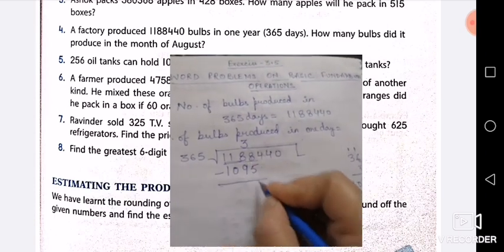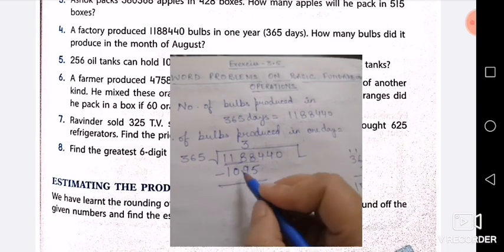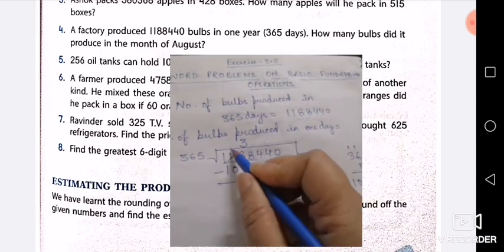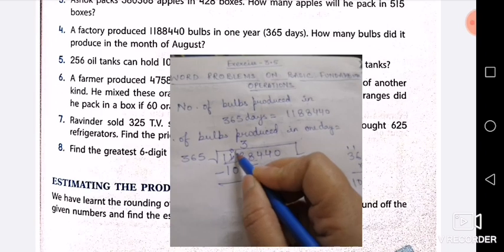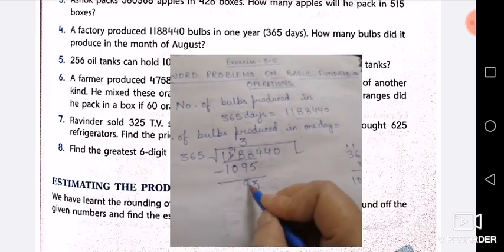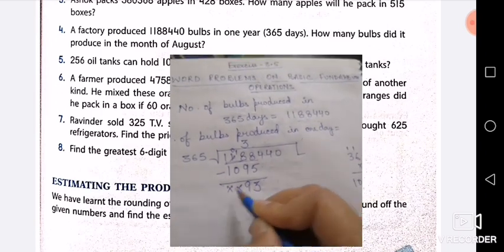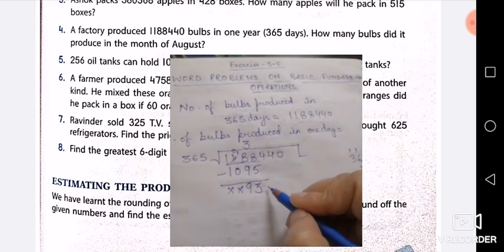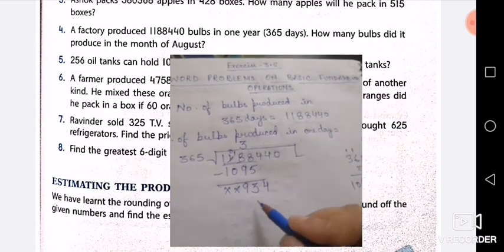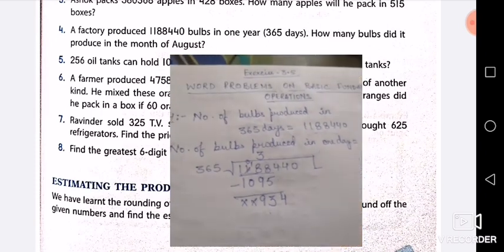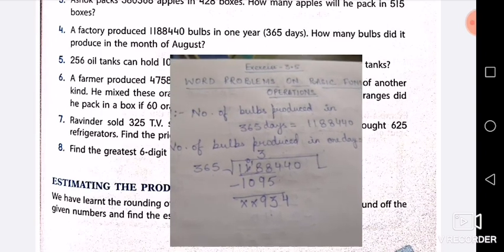We'll do the subtraction now. From 8 you subtract 5, you get 3. After that this will borrow from here, this will become 18. Now 18 minus 9, you get 9, and the rest will be 0. Now the next number is 4. Now it will go 2 times.